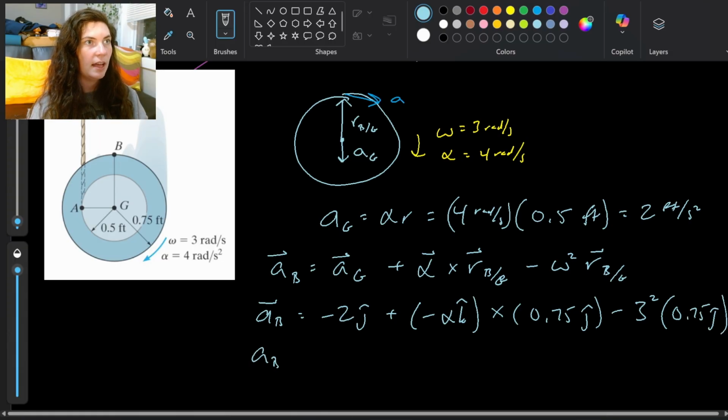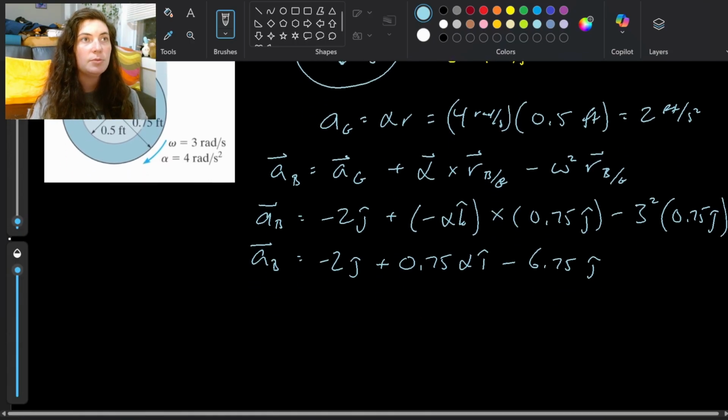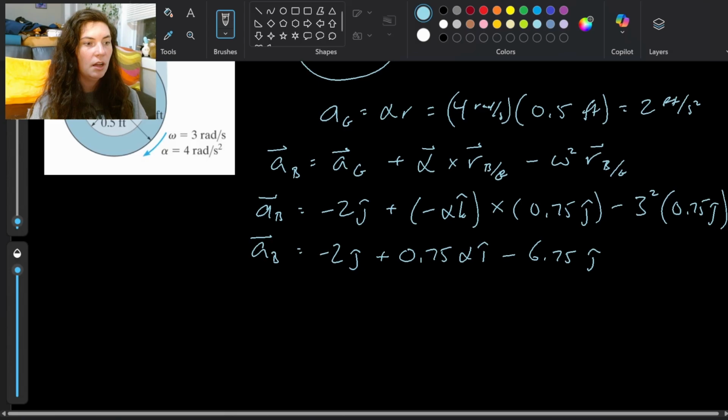So simplifying that out, we're going to get negative 2 j hat. k cross j is negative i, so I'm going to get a plus 0.75 alpha i hat minus 3 squared times 0.75, which is 6.75 j hat. And then they did ask me for magnitude.